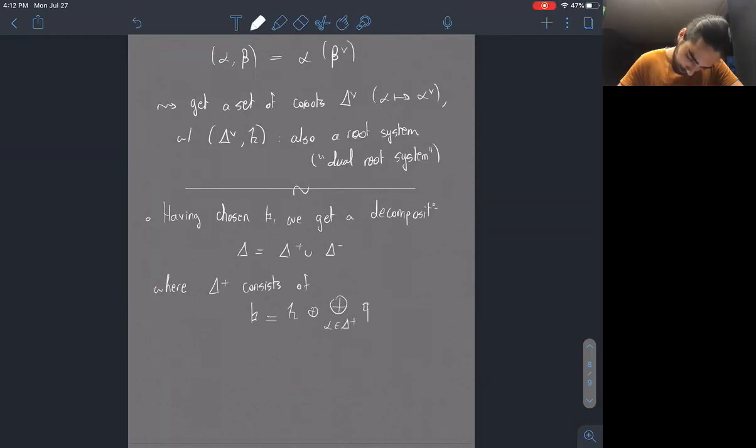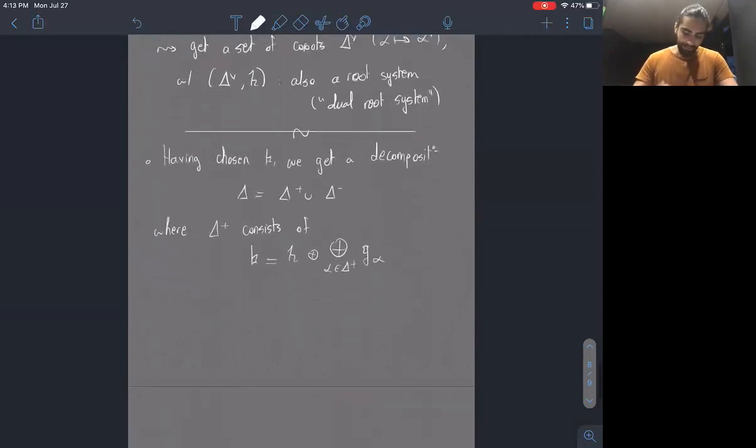So that's G alpha. Once I've chosen B, I can look at it splitting into root spaces, and it just tells me here are some special roots. And this decomposition is well behaved in that it's additively closed.